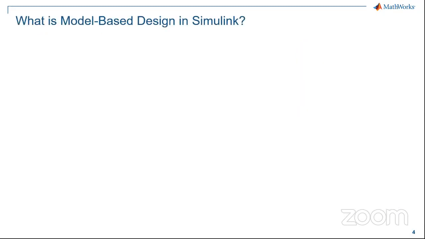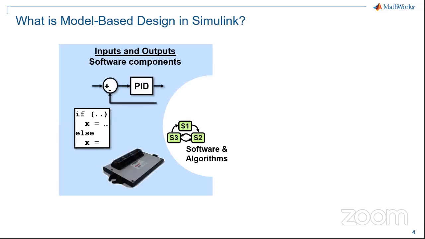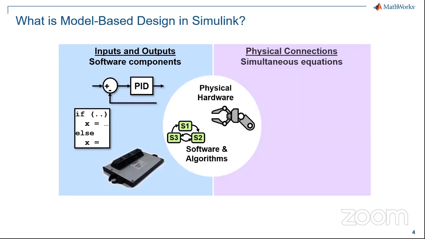So the idea of model-based design in Simulink is basically dominated by two parts of the world. First is the software side. So basically we've got the closed loop PID controller that comes with input and output data. And we design our control logic and generate code into the controller. And the flip side of the world is the physical hardware.